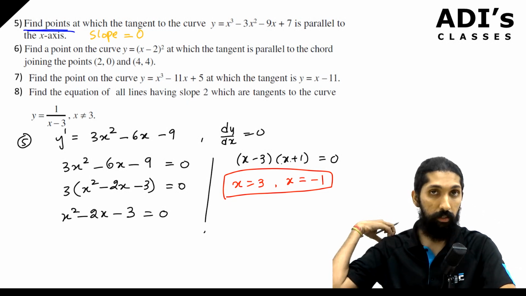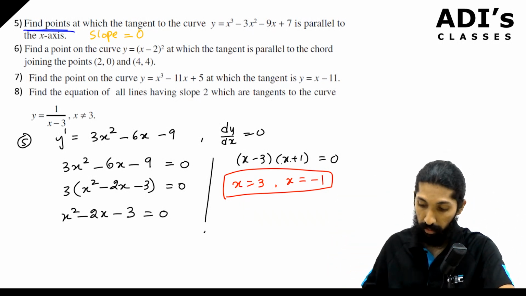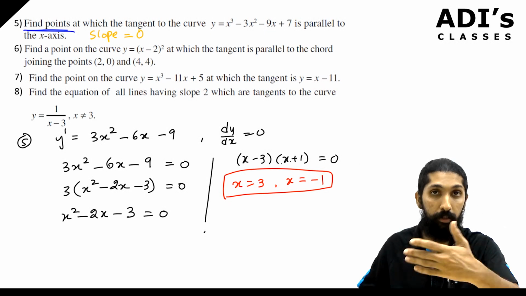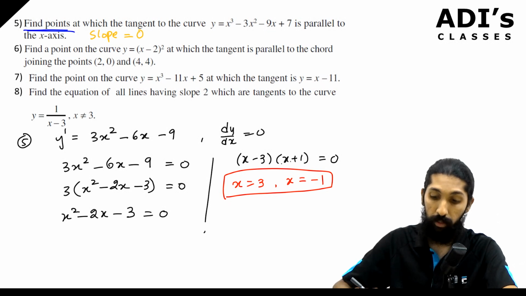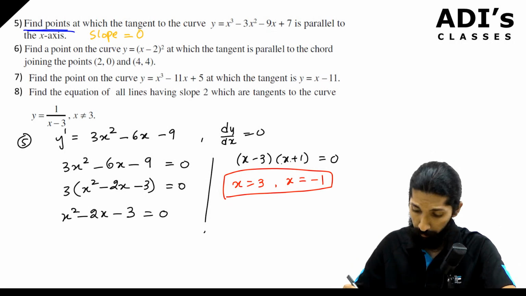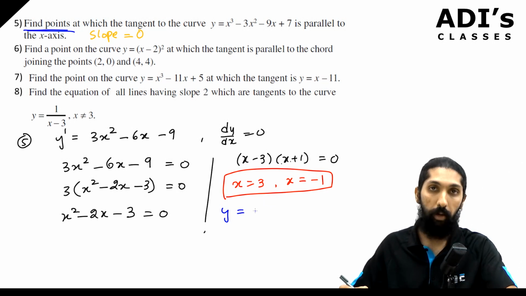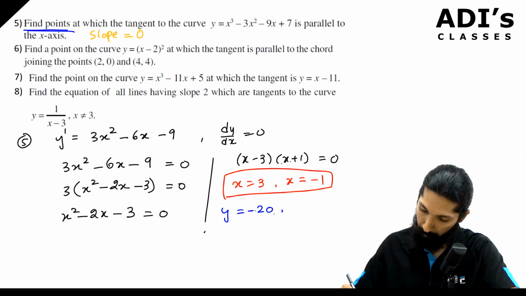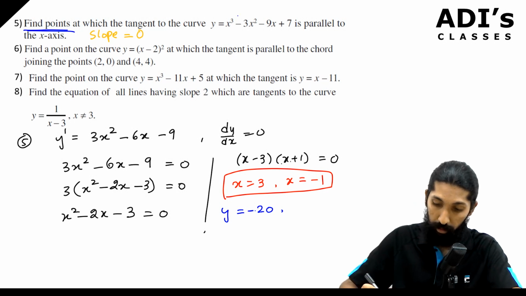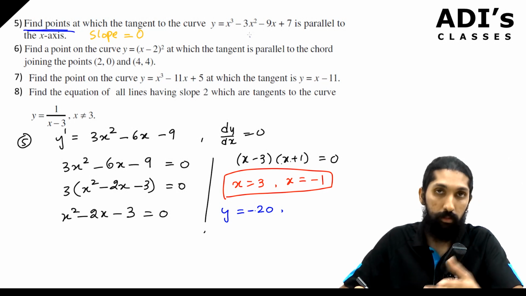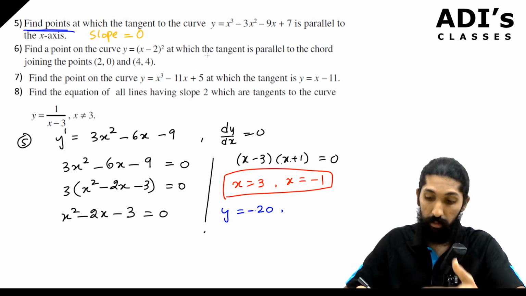Now these are not the complete points because these are just the x coordinates. Substitute those x values in the equation and we need to get the y value also. Understood? So first, let's substitute x value as 3. If you substitute x value as 3, you will get the y value as minus 20. Now, if you take x value as minus 1, you will get minus 1 whole cube, which is minus 1, minus 1, minus 3 plus 9 plus 7, correct?